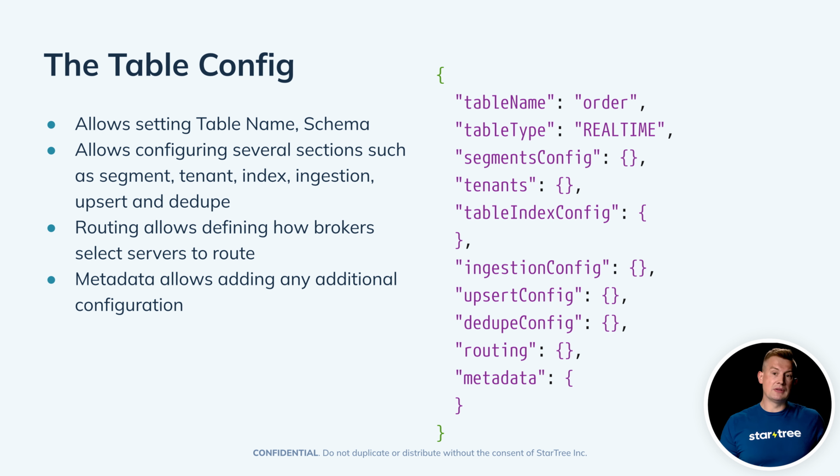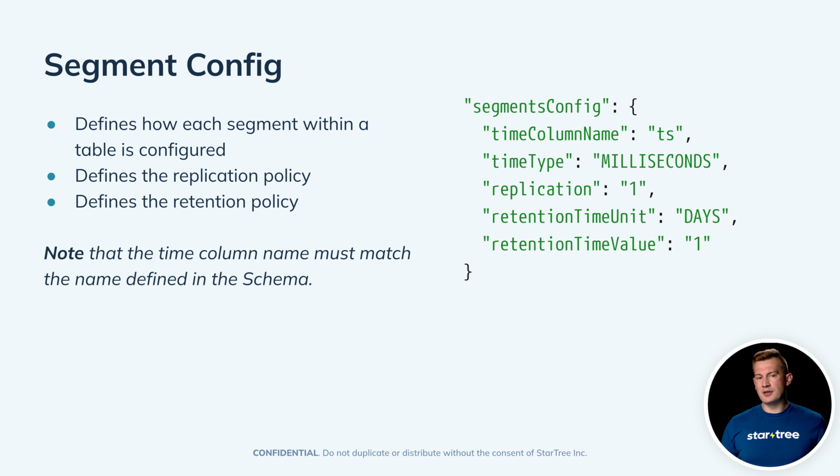Also, in the table config, you configure the type of the table, whether it's real-time or offline, and additional configurations, including tenants, indexes, and some other metadata. The segment config will represent how data will actually be physically stored on disk, and you can configure replication, retention for those segments, and so on and so forth.